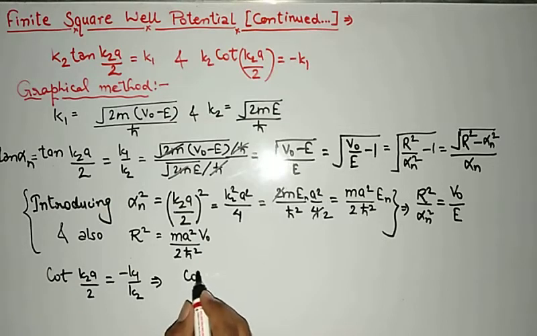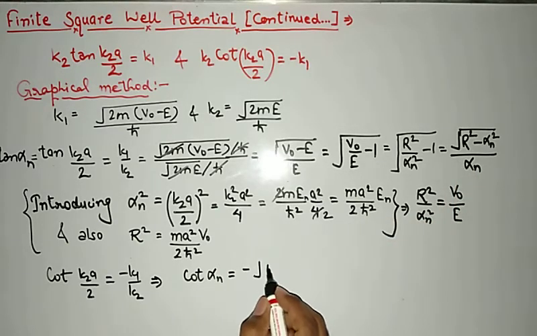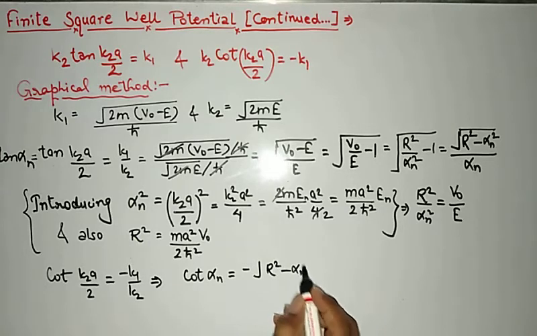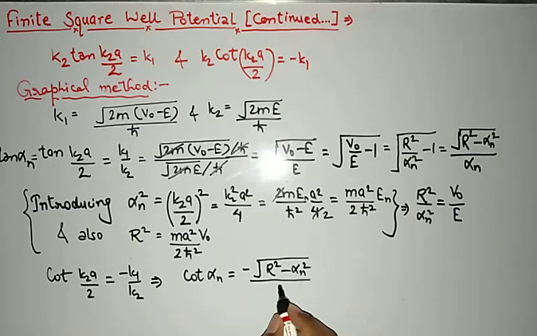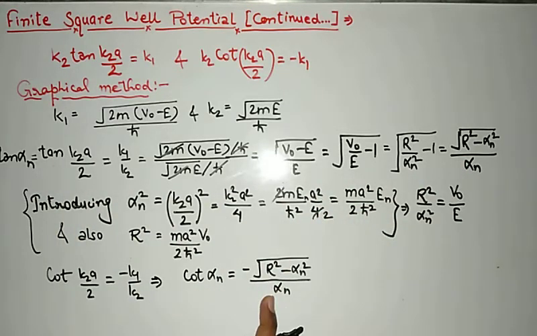So writing cot alpha n is equal to minus of this quantity, under root (r square minus alpha n square) upon alpha n.